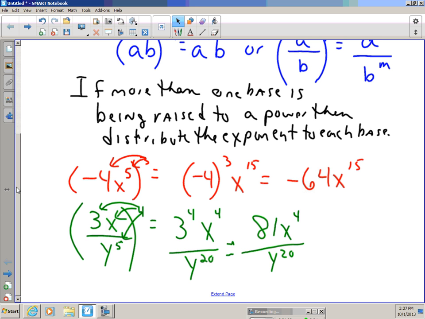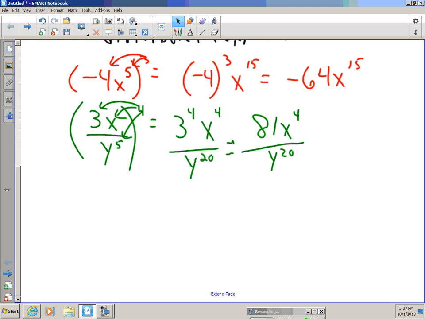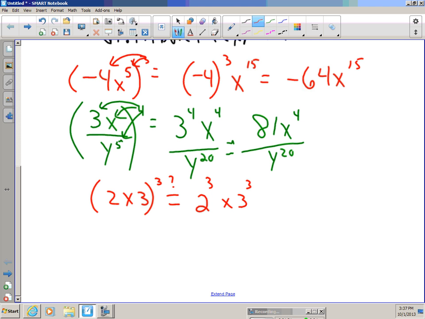Now, an example that we've seen before is the following. Let's say I had 2 times 3 raised to the third power. Is that equal to 2 to the third times 3 to the third? Well, since this is multiplication, and since an exponent tells us to multiply, every math operation that's taking place here is multiplication.